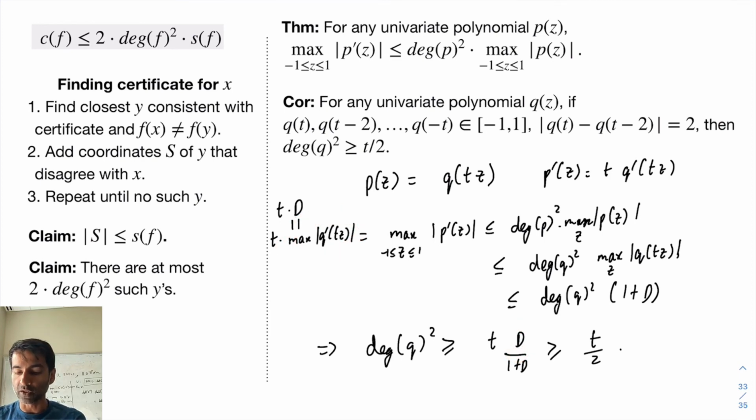It's at least 1 because right here, in the interval from t to t minus 2, Q changes by 2. So at some point in between those two numbers, the derivative of Q must hit the value 1. So D is at least 1, and that means this ratio is at least 1/2. So this proves the corollary.